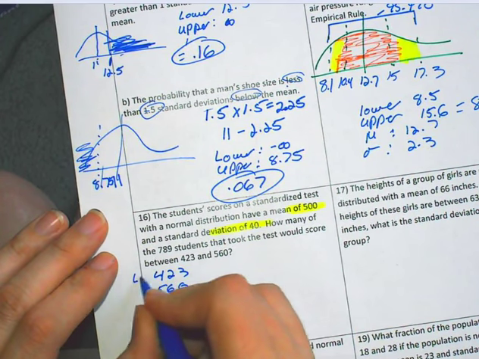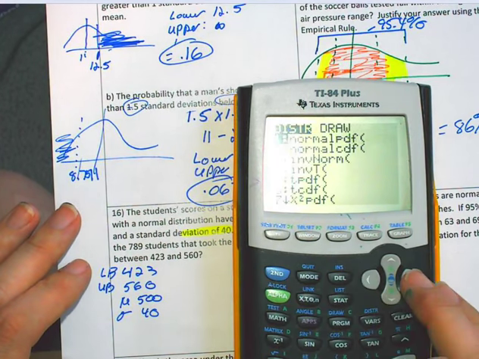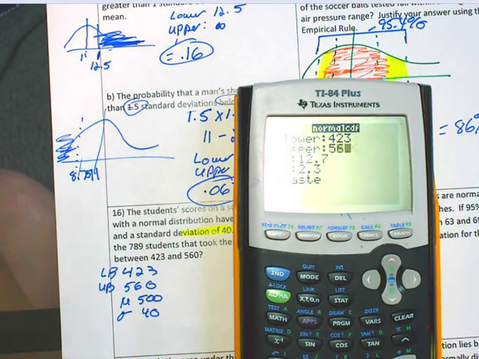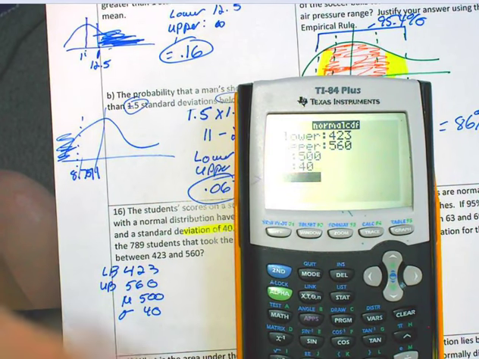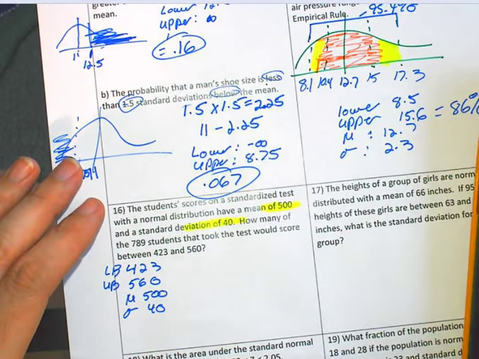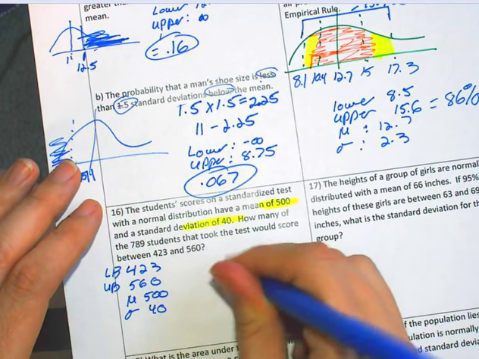So this is the lower bound, upper bound. Second vars, 423, 560, 500, 40. All right, so that is 0.906.